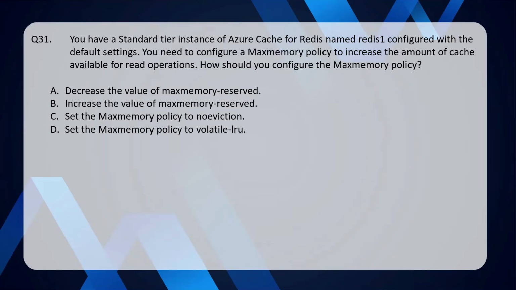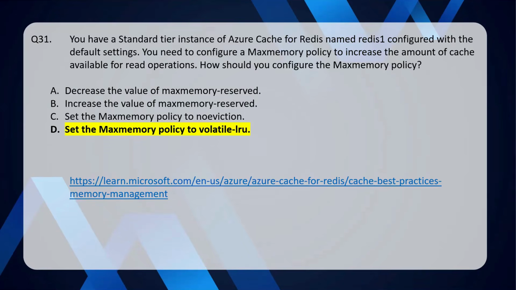Now, folks, the question specifically talks about configuring the max memory policy and you should set it to volatile LRU. The max memory policy in Azure Cache for Redis controls how keys are evicted when the Redis cache reaches its memory limit. Volatile LRU evicts the least recently used keys that have an expiration set, meaning this policy preserves frequently accessed keys, improving cache effectiveness for read-heavy operations.